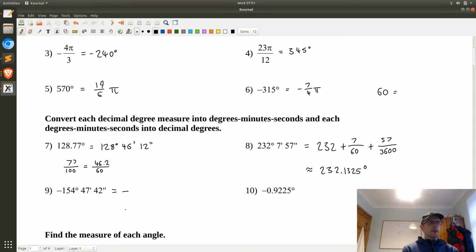And we get negative 154.795 degrees. Great. Now, converting this into minutes and seconds. Okay, this is going to be difficult. Maybe. All right.